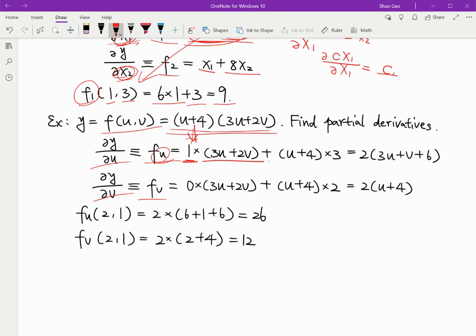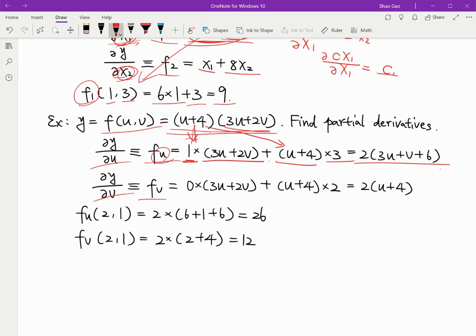And then plus the original form of the first one, and we take the derivative of the second function with respect to u, and we treat v as a constant. So this is just a 3, right? And for v, we do the same thing.